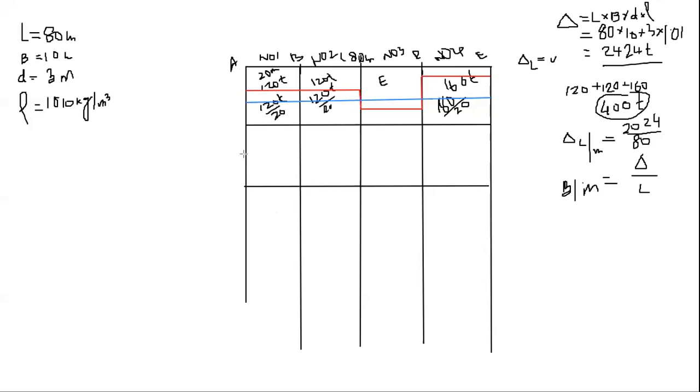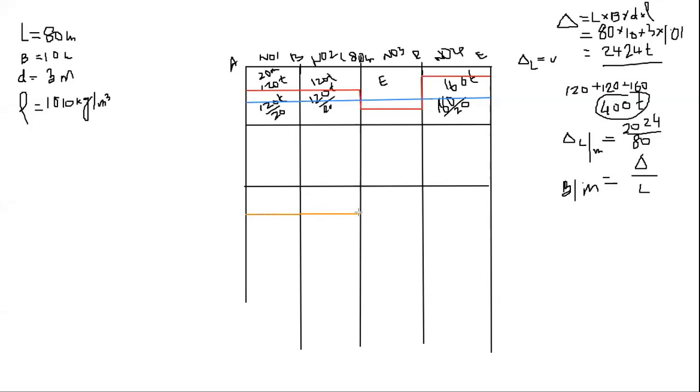So here we'll be getting a minus value, because the mass is more than our buoyancy. And after that also it is the same. It means it will extend like this.